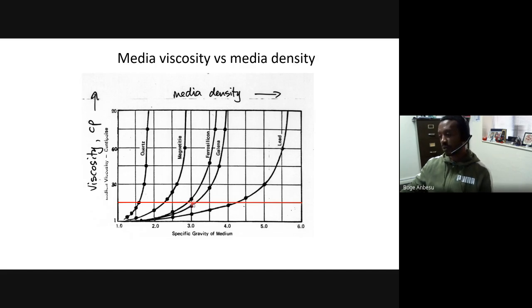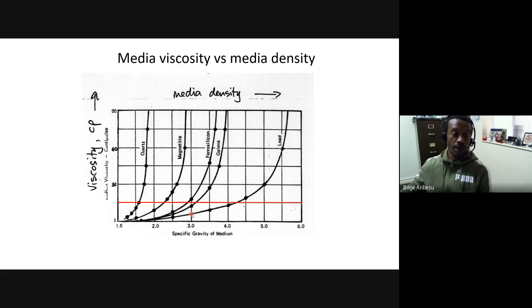So I could use only a small fraction of ferrosilicon or galena or lead to make up a media of specific gravity of about 3. And at this stage, the viscosity is actually very low, which means these particles are suitable to make up a media of around 3.